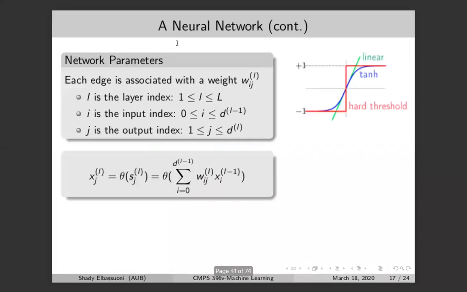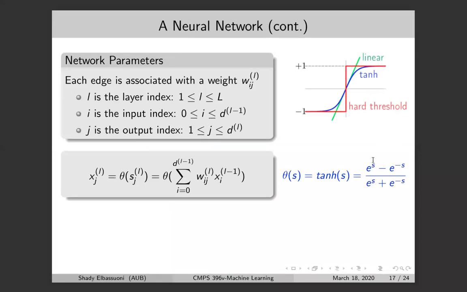So what is theta? It's a nonlinearity, and we're going to play with tanh right now, and then we're going to change this in the next set of slides. So tanh is nothing but this formula: e to the power of s minus e to the power of minus s, over e to the power of s plus e to the power of minus s. It takes a signal, which is a real value, and squashes it into values between -1 and +1.